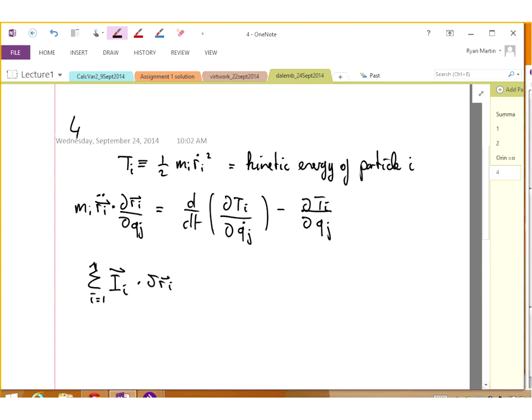And that's I equals 1 to n. Right, and so we found initially that was equal to minus the sum from I equals 1 to n of m_i r_i double dotted with delta r_i.